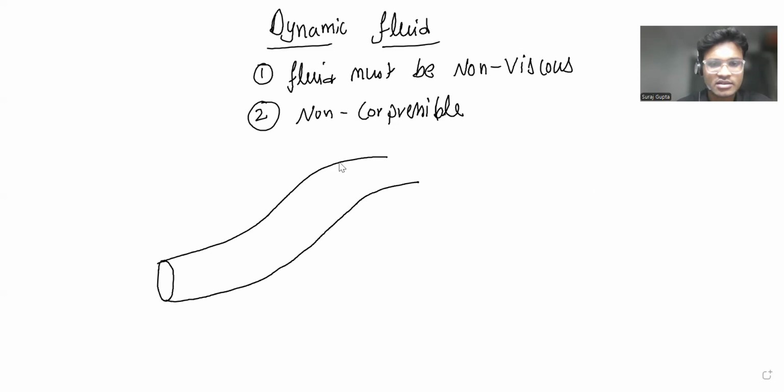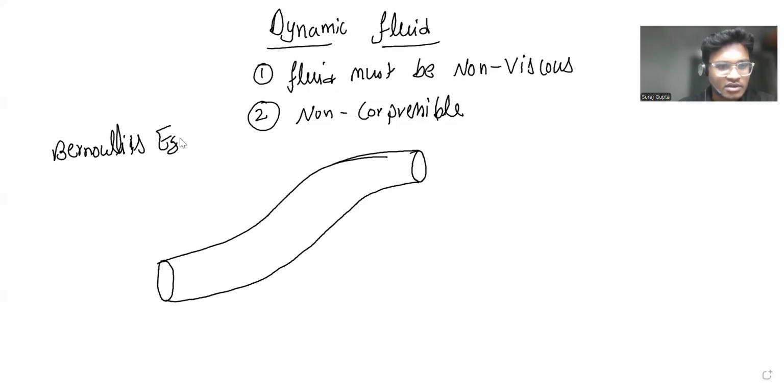The area of cross section here and here we are considering the same. It's not different, everyone. So now the topic is obviously Bernoulli's equation, or you can also call it Bernoulli's principle, correct?